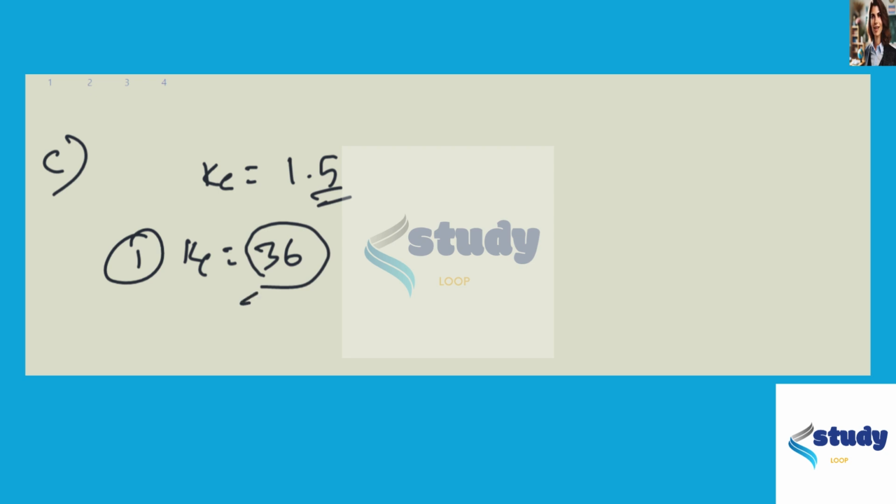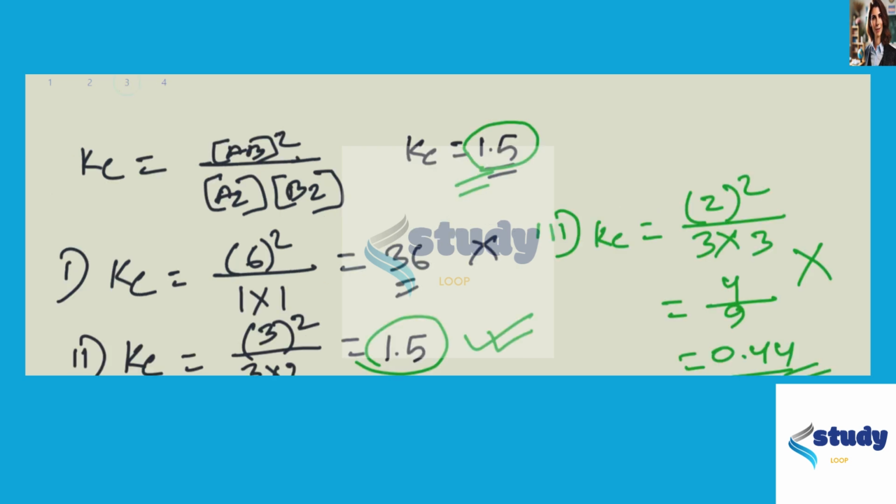To reduce the value of Kc from 36 to 1.5, some of the product needs to go in the reverse reaction to produce some A2 and B2, which will result in higher reactant concentration and lower product concentration, and eventually give us a lesser value of Kc. This way reaction mixture 1 can reach equilibrium.